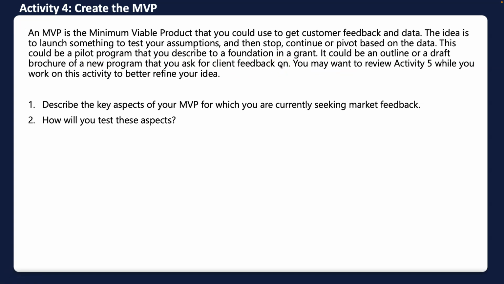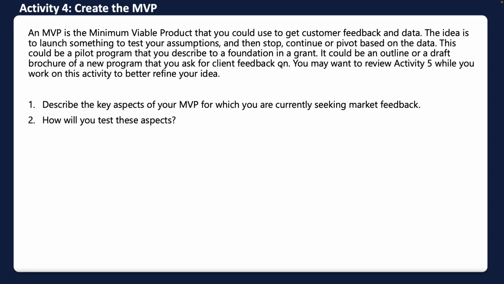We've already raised the issue of different types of stakeholders. You can get information from a client, information from a donor. Whoever you are targeting this towards is who you want to get the feedback from. And you can always jump ahead to activity 5, and there are some questions up there to help you frame how you might think about this.